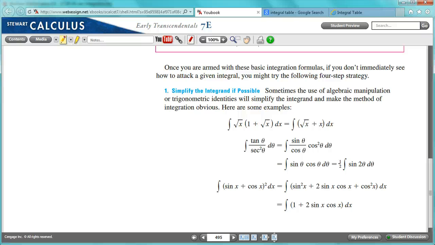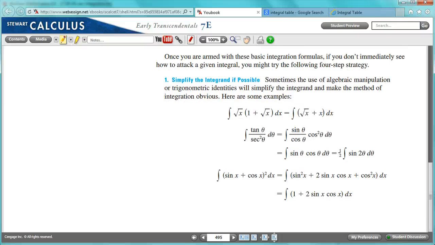After manipulation, we have 2 sine of x cosine of x, which is sine of 2x, so another trigonometric function. So that's the easiest case. However, everybody's passed calculus once, so I don't think any of these problems will cause any kind of trouble to you.